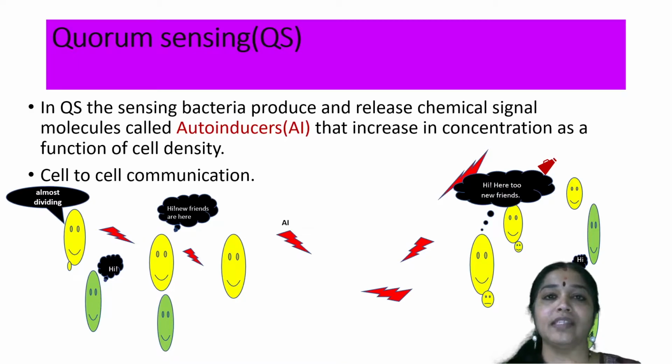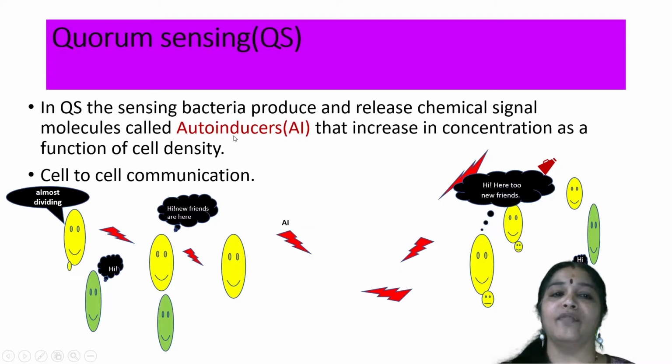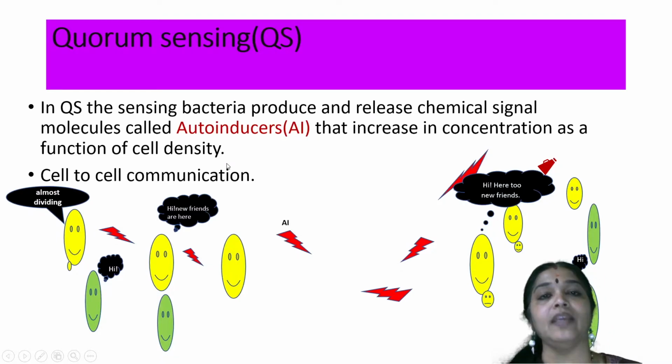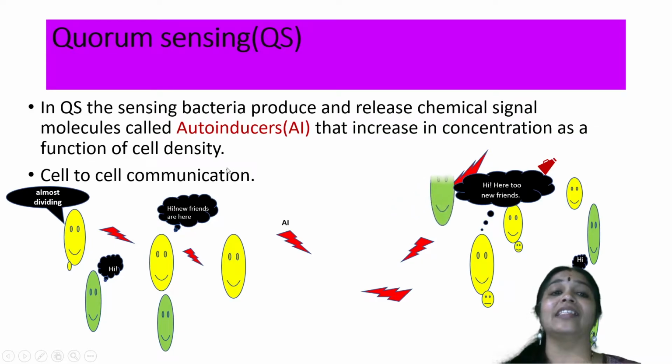The increase in the concentration of the autoinducers is a function of cell density. That means there must be an increase in the population density. Then the cell to cell communication will take place.